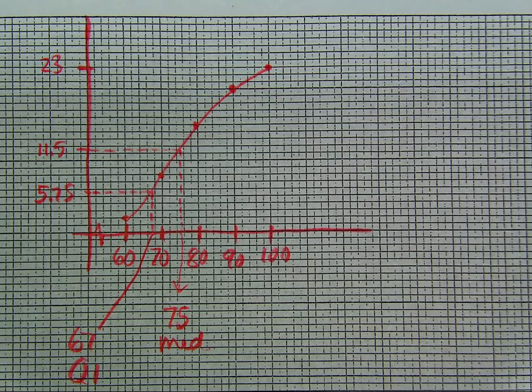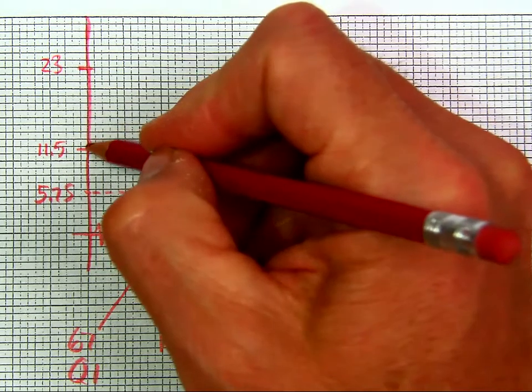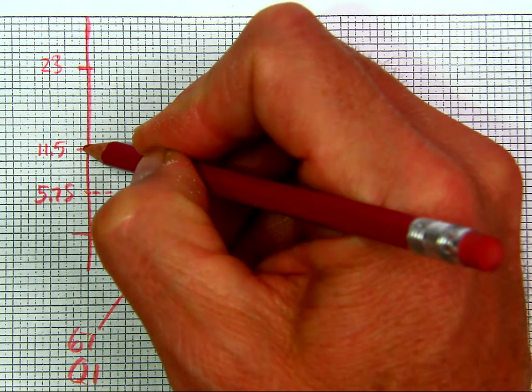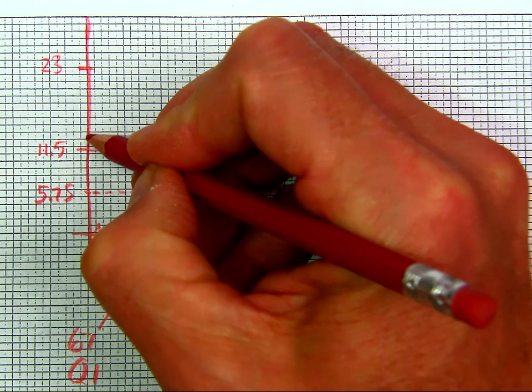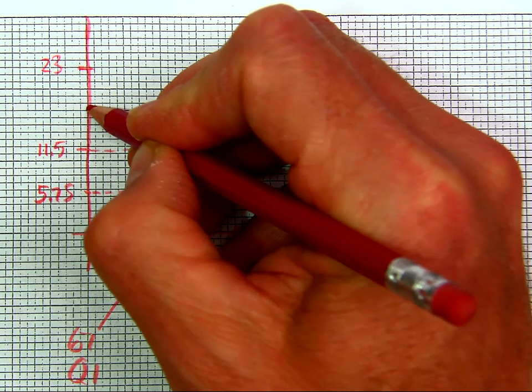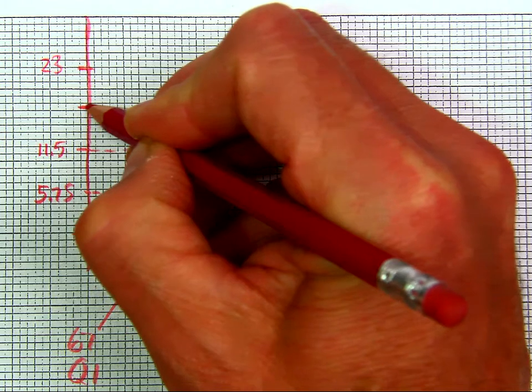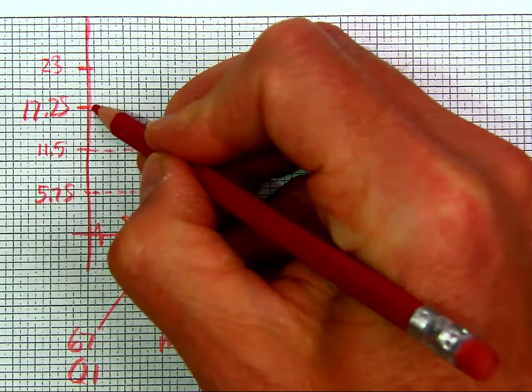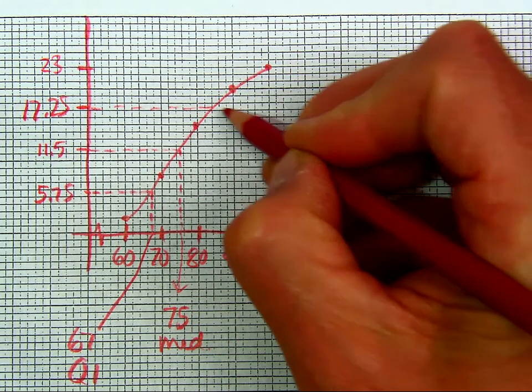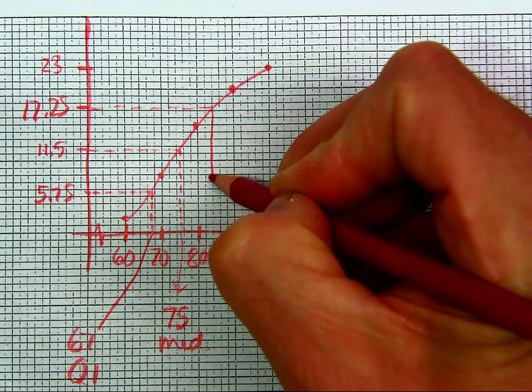And we have to go halfway between these, 17.25. So this is 12, 13, 14, 15, 16, 17.25. Go out. Looks like it's on that line. 82, 84.